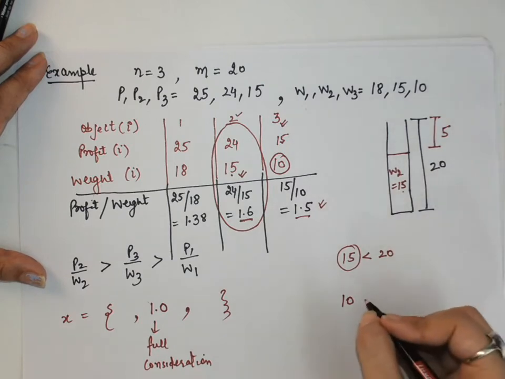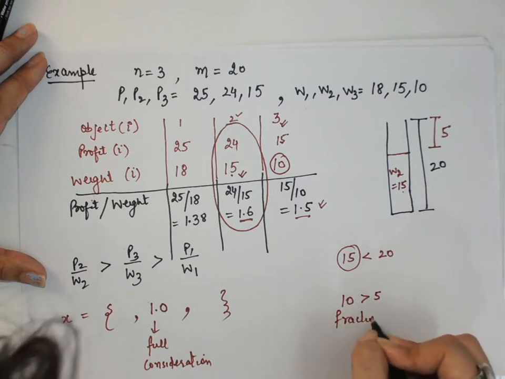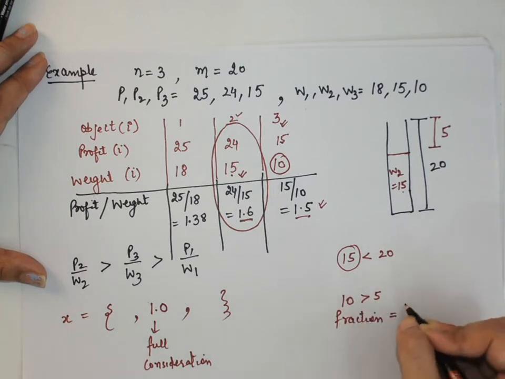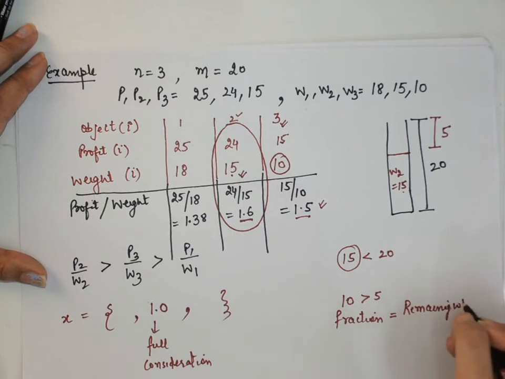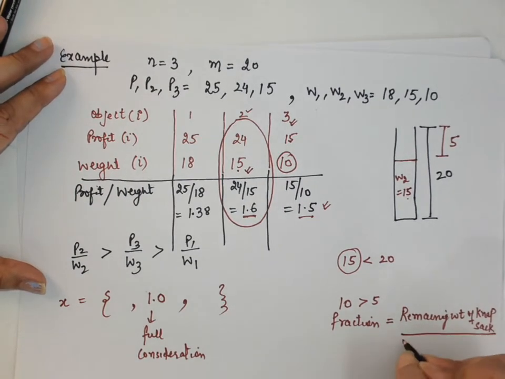So how to calculate the fraction? That is equal to remaining weight of knapsack divided by weight of object.